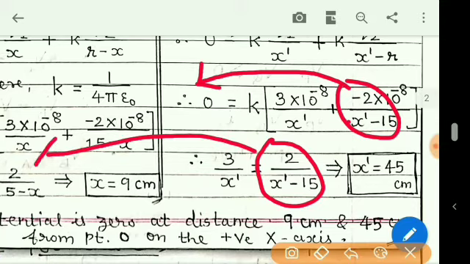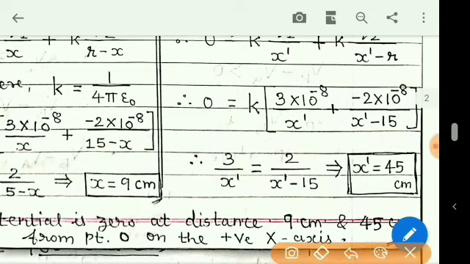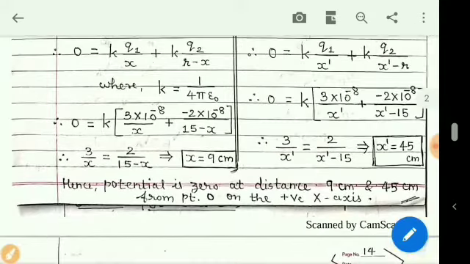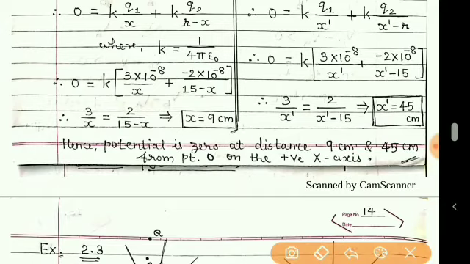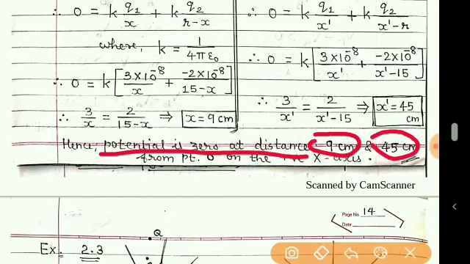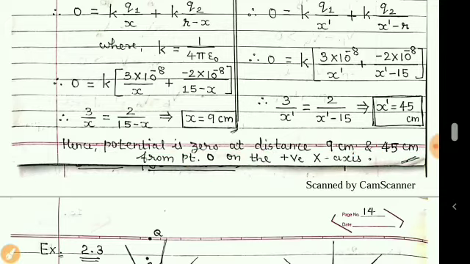Similar as this step. Finally, making subject X dash, we'll get the answer 45 centimeter, and hence finally we can say that the potential is 0 at distance 9 centimeter as well as 45 centimeter from point O on the positive X axis.